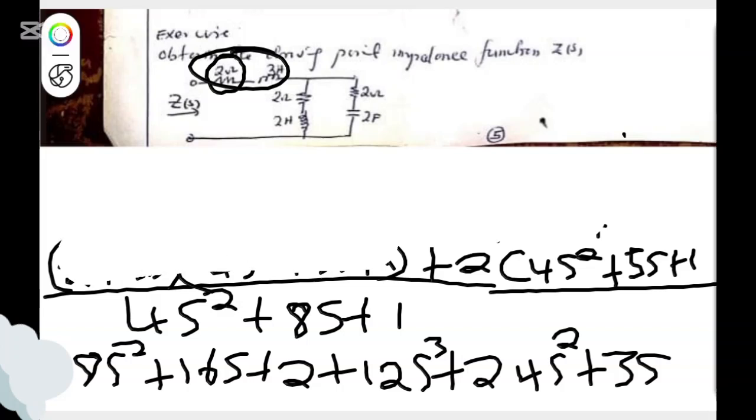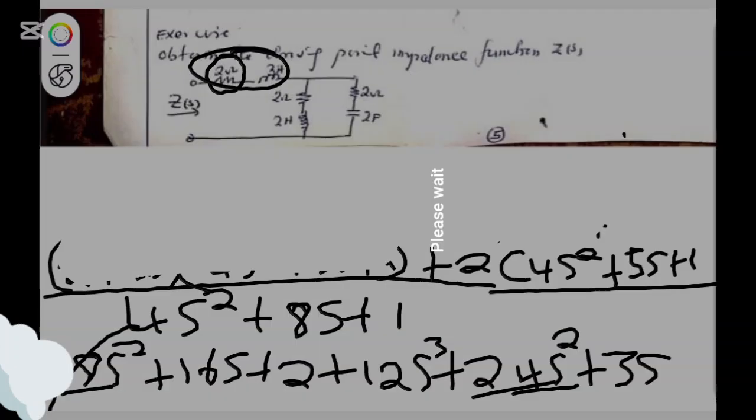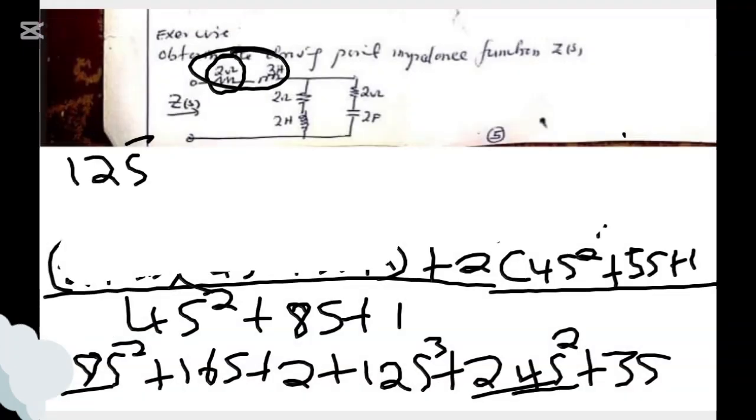So the next thing that I'm going to do here is that I have 24s square, and also I have 8s square. So at the end, I'll say 12s power 3 plus this plus this plus this.